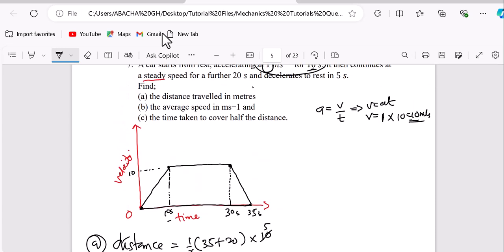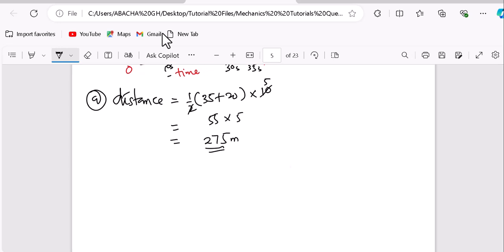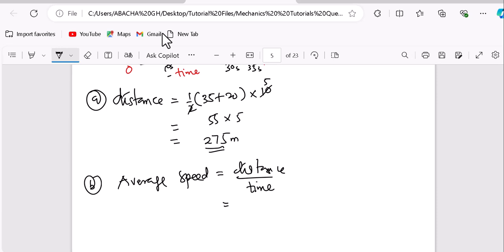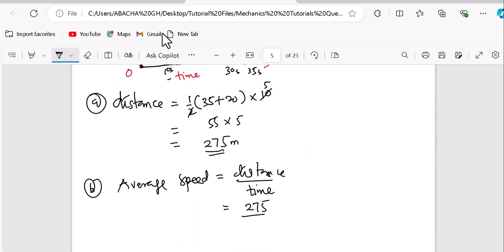So they are saying that we should calculate the average speed in meters per second, and average speed, you know, is distance over time. So B, average speed equals the total distance over the total time. The total distance is 275 over the time. What is the total time? 35.